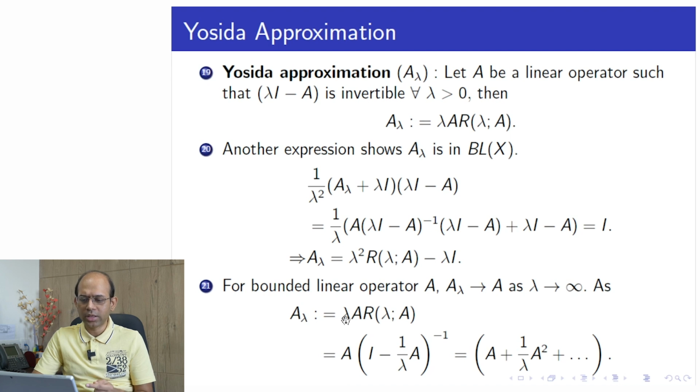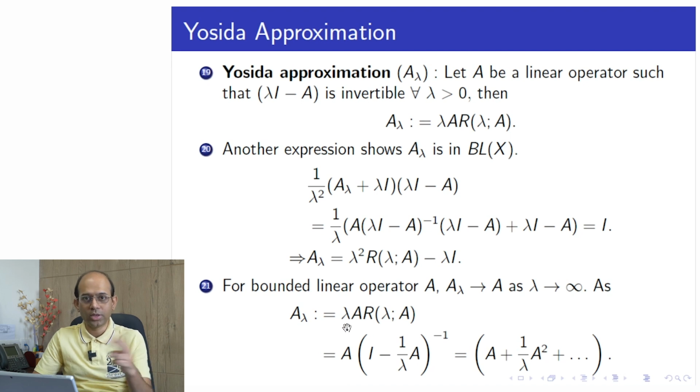A lambda is defined by lambda times A times R lambda A here, and R lambda A is lambda minus A inverse, that is also written here. Then you multiply lambda inside, so you get identity minus 1 over lambda A inverse, correct?